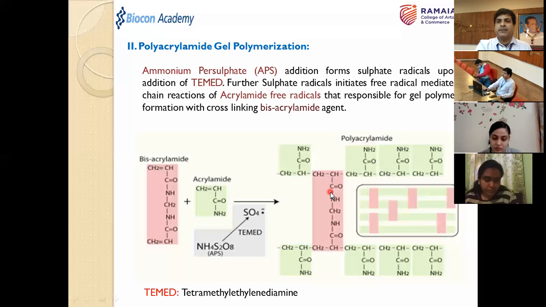Gel is basically a kind of a meshwork of these monomers. What are the monomers here? Acrylamide. So acrylamide monomers cross-linked by this bisacrylamide form the gel. And this is the solid support, and this is the basis of zone electrophoresis, that is SDS page. Understood?